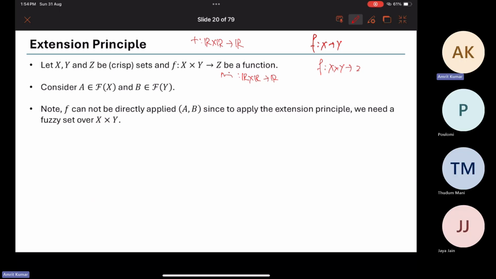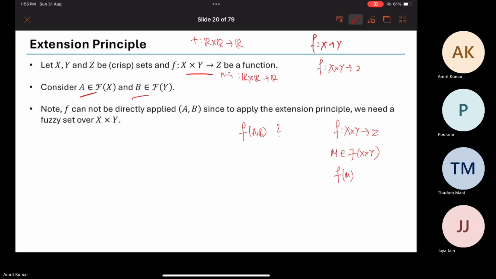More specifically, suppose f is a function from X cross Y to Z, and I have a fuzzy set A over X and a fuzzy set B over Y. And we want to compute f of A comma B. The question is, how do we do that? Now, if we knew some fuzzy set M over X cross Y, then we would know how to compute f of M. We can simply use the extension principle here.